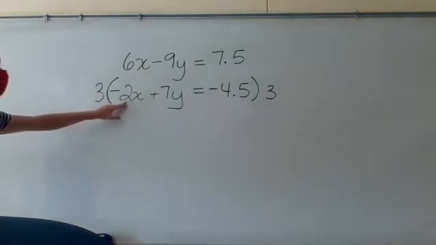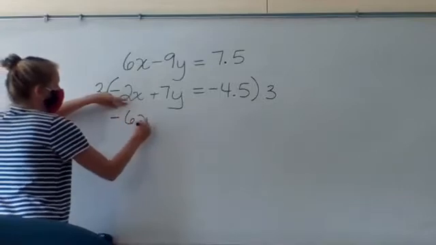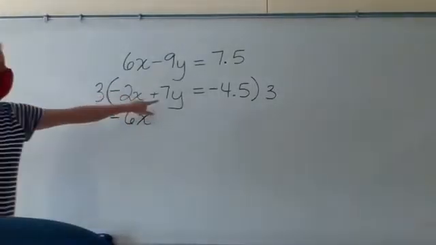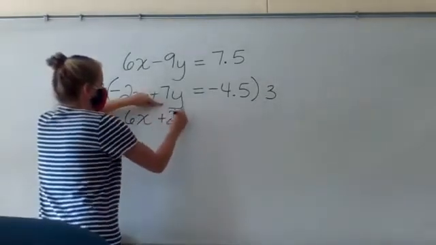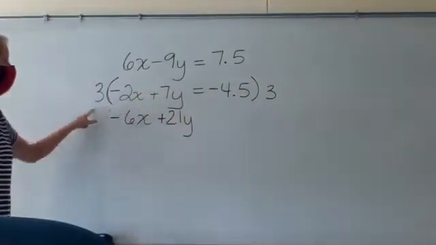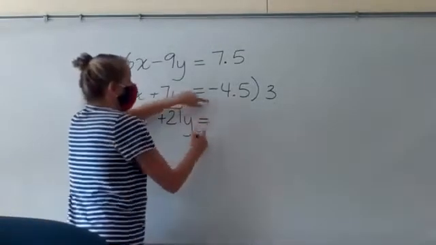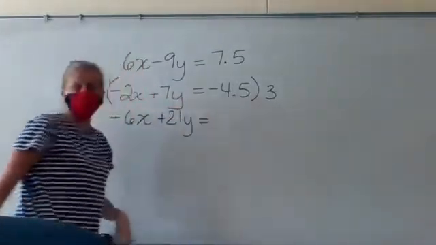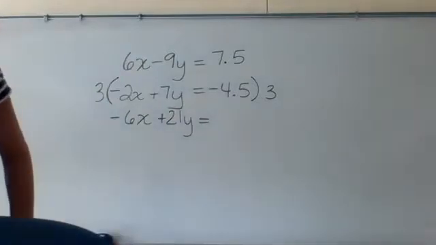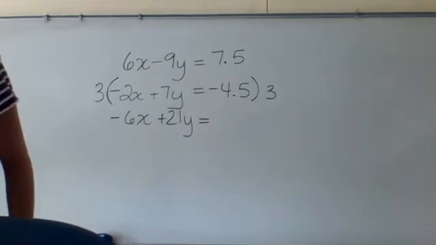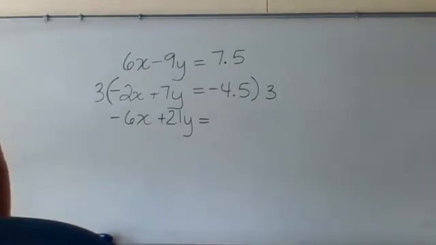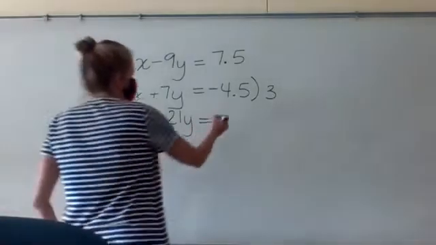Three times negative 2 gives me negative 6x. 3 times 7y gives me positive 21y equals 3 times negative 4.5 gives me negative 13.5.